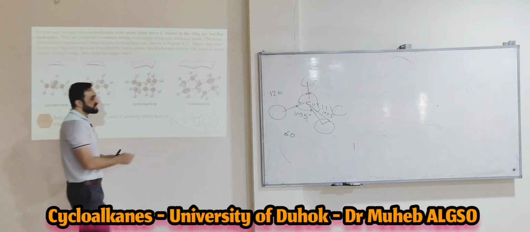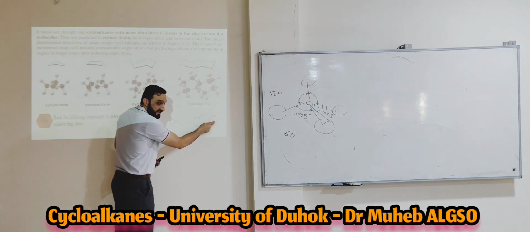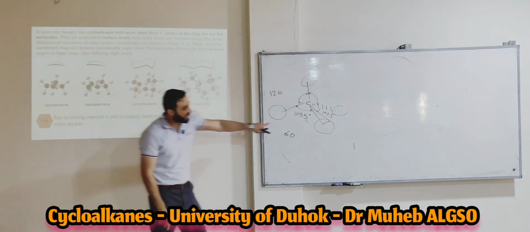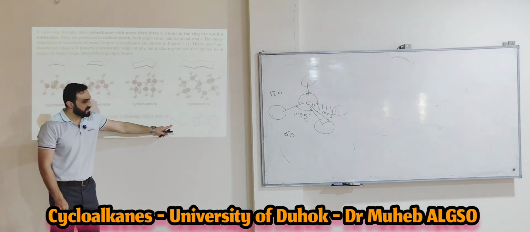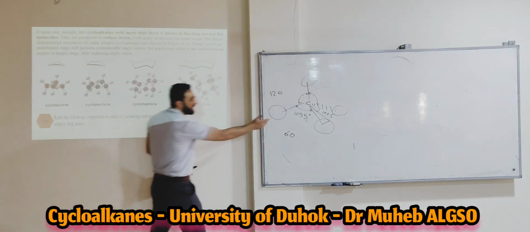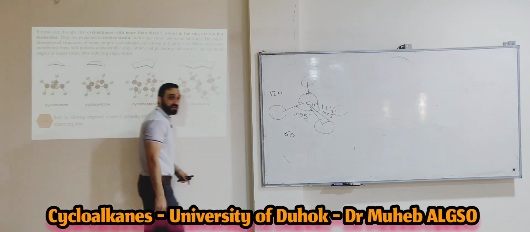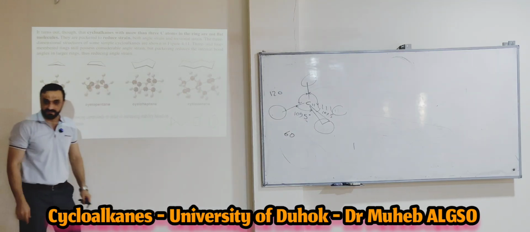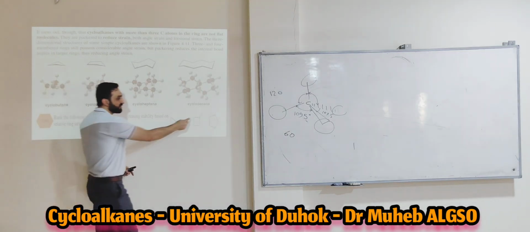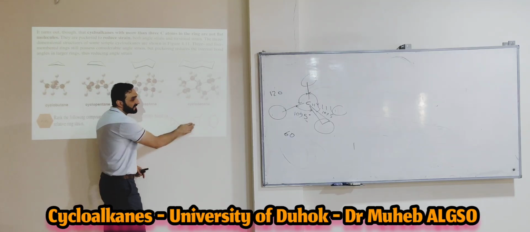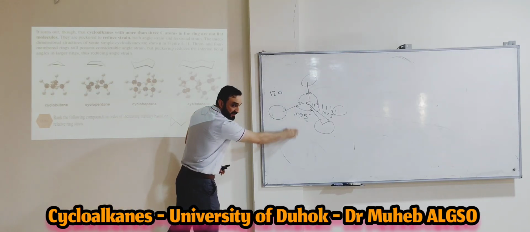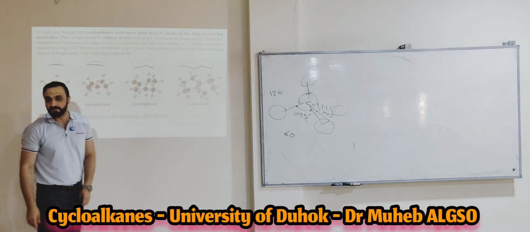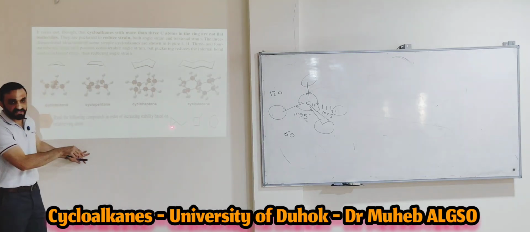Why? Because the angle value here is near 109.5. Here the 60 degree is so far from the 109.5, so that decreases the stability. Here the angle, for example 90, is nearer to 109.5 than 60, so it will be more stable than this.